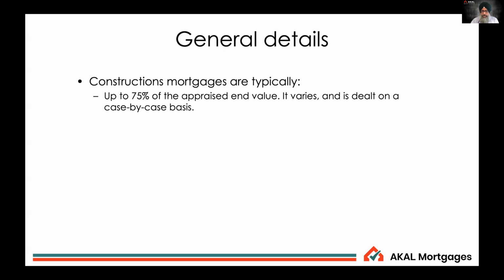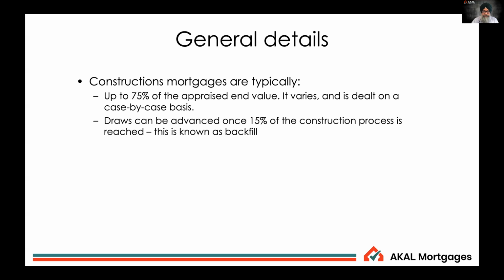Up to 75% of the appraised end value; it varies, is dealt with case by case, and depends on the lender. A draw can be advanced once 50% of the construction process is reached, and this is known as backfill. It is the optional draw when there's no or very little mortgage on the land, or it is insured, then the 15% first draw called backfill can be advanced.